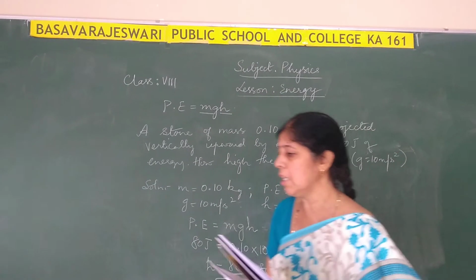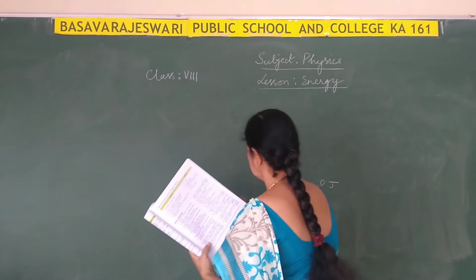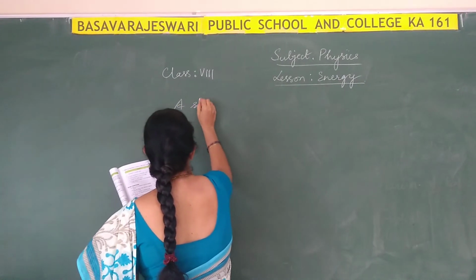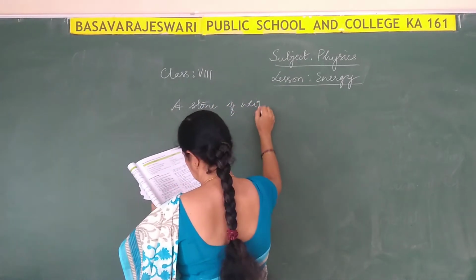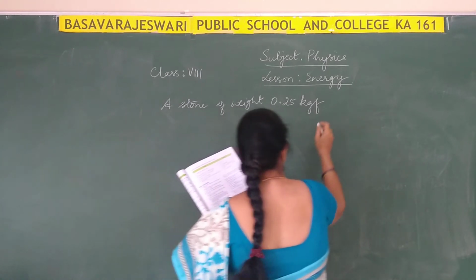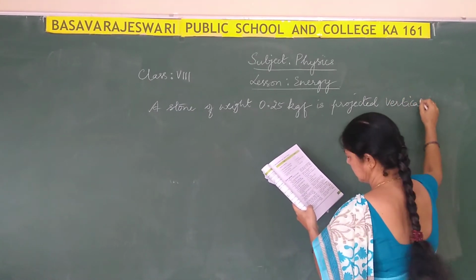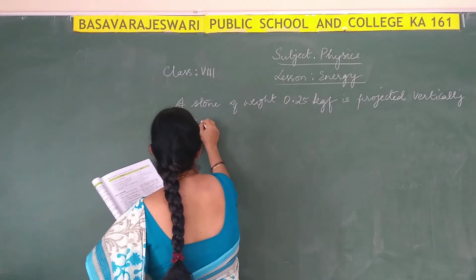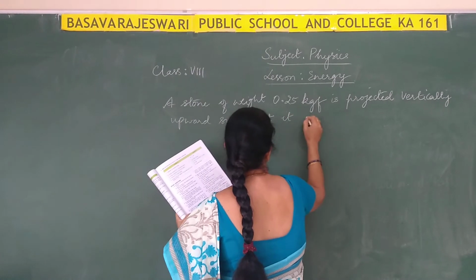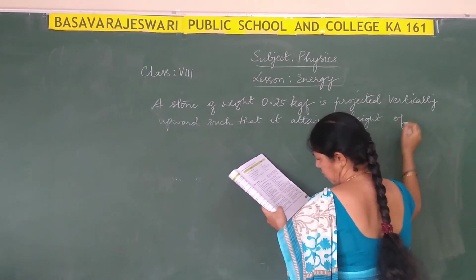Next one more problem we shall take on potential energy. A stone of weight 0.25 kg is projected vertically upward such that it attains a height of 40 meters.